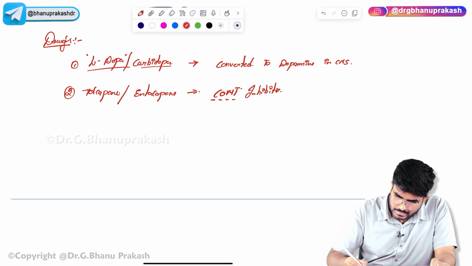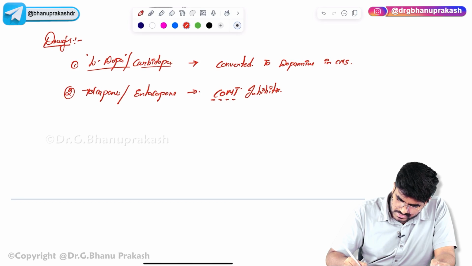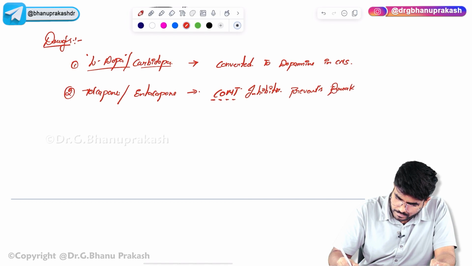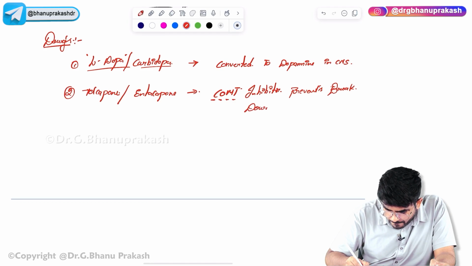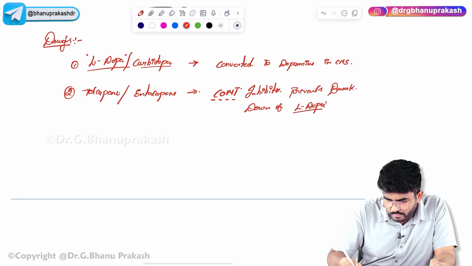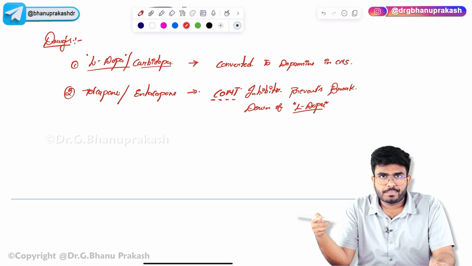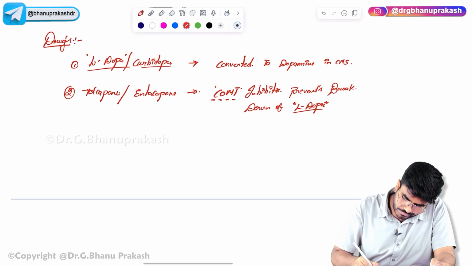COMT breaks down L-dopa, so COMT inhibitors prevent the breakdown of L-dopa. Whatever L-dopa is there will be kept from being broken down with the help of COMT.